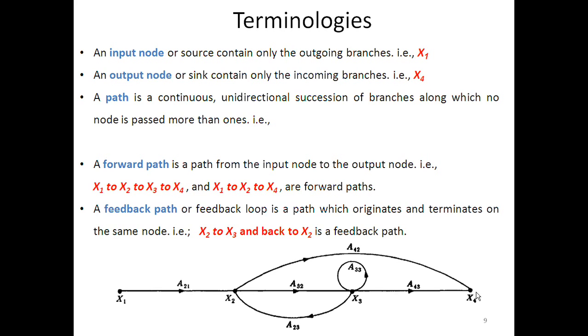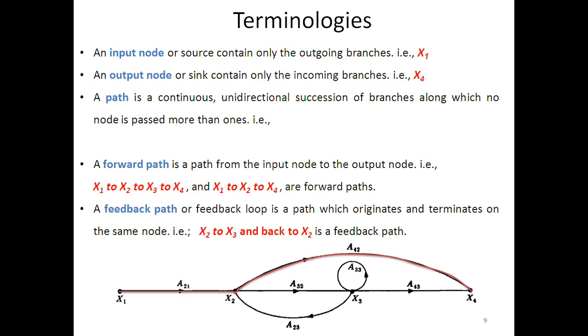Then we call it a forward path. So the first forward path is X1 to X2, X2 to X3, X3 to X4, means it starts from X1 and ends at X4. Second is X1 to X2, X2 to X4. So these are two forward paths.